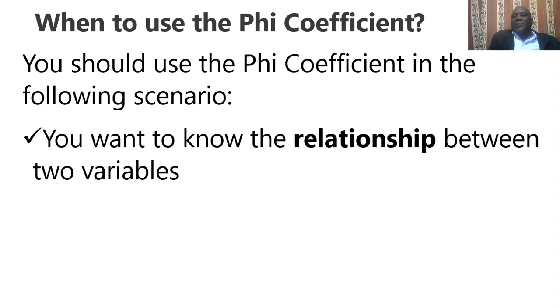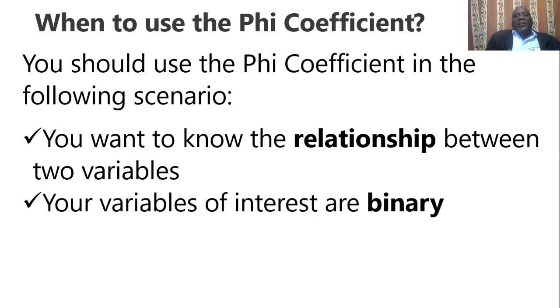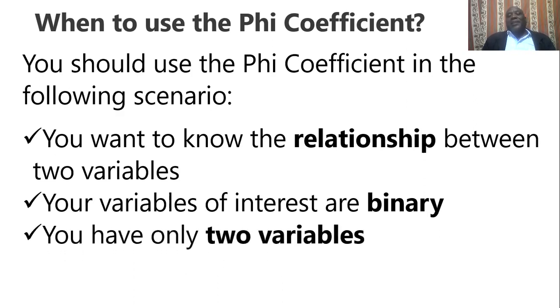How do the two binary variables associate? Your variables of interest should be binary, as we have stated earlier, with only two categories that you are going to consider. Let them not be 4, let them not be 5, only two.